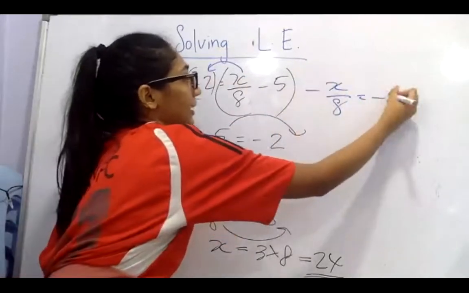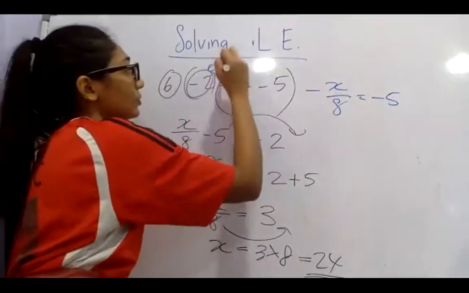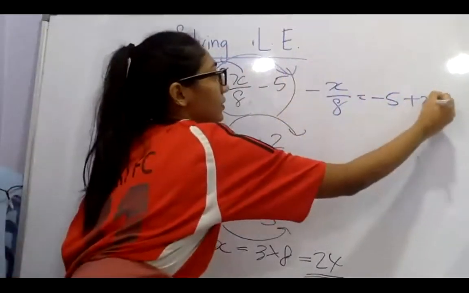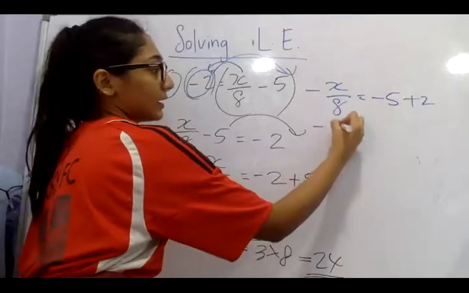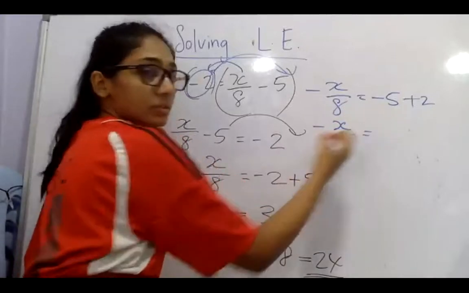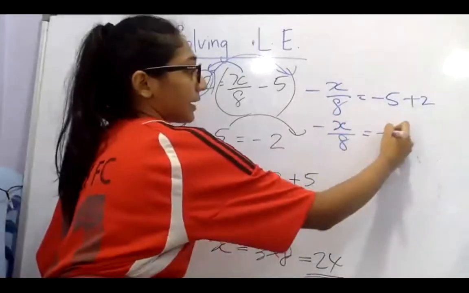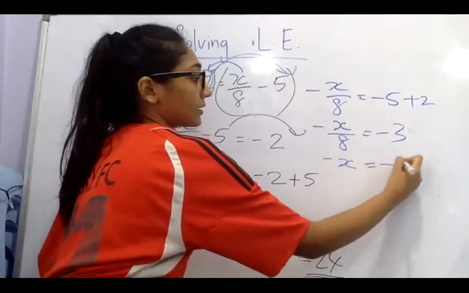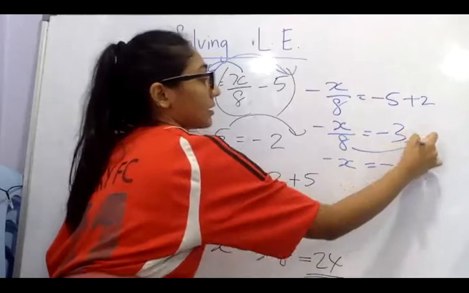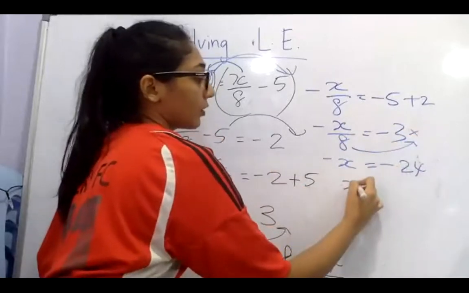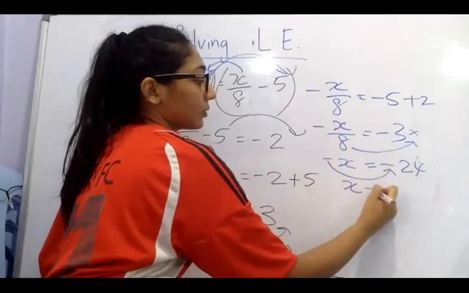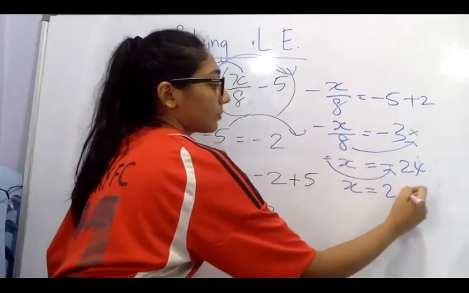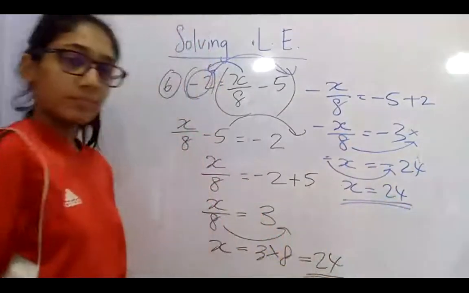And then I'm left with negative 5. It's negative 2. I bring over positive 2. And then negative x over 8 equals to negative 3. And then negative x equals to negative 3 times 8 equals negative 24. Then x equals the negative over to the side. Negative and negative become positive.